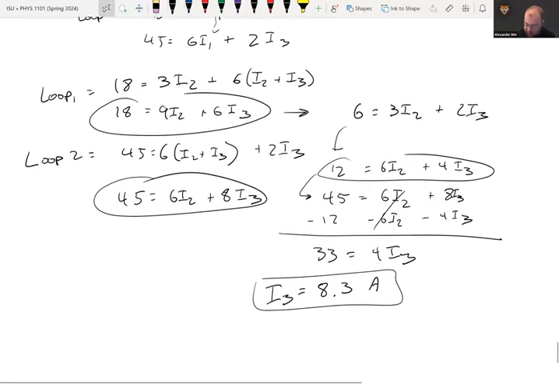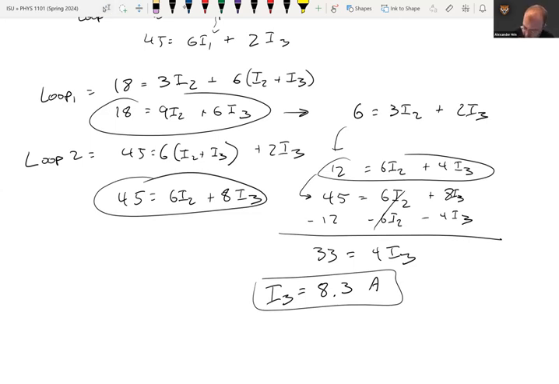Now we can go back and find I2. Is that right? Seems a little off. Just going to verify this.